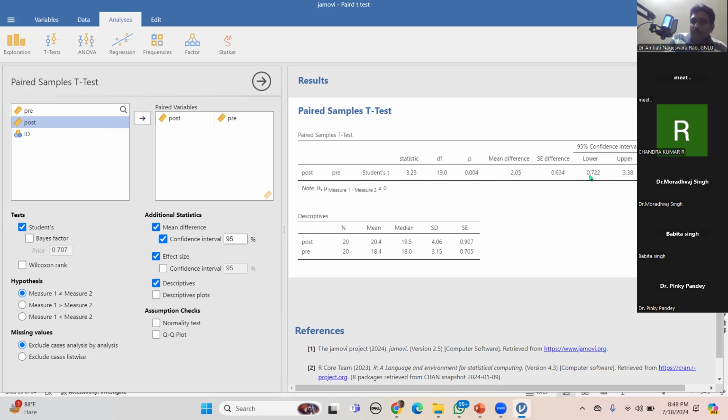The lowest level is 0.7, whereas there are candidates above 2.05, for whom the intervention really worked. It went up to 3.38. So as a researcher, with the confidence interval you are able to say that, with 95% confidence, there is a 2.05 mean difference as a part of their intervention level.